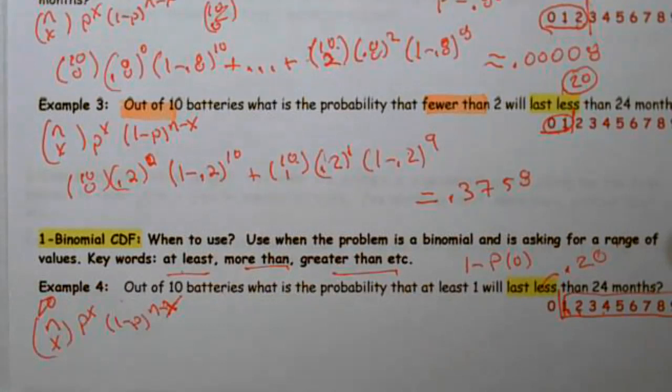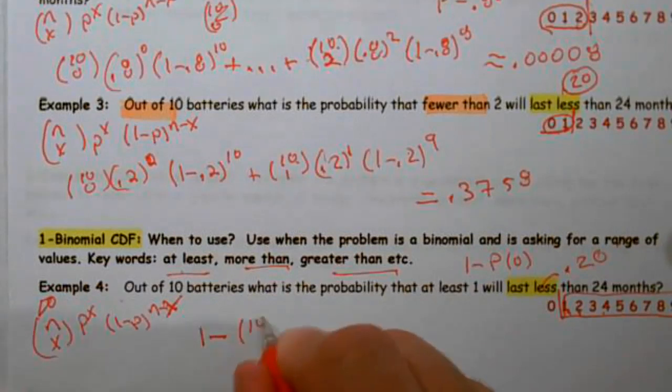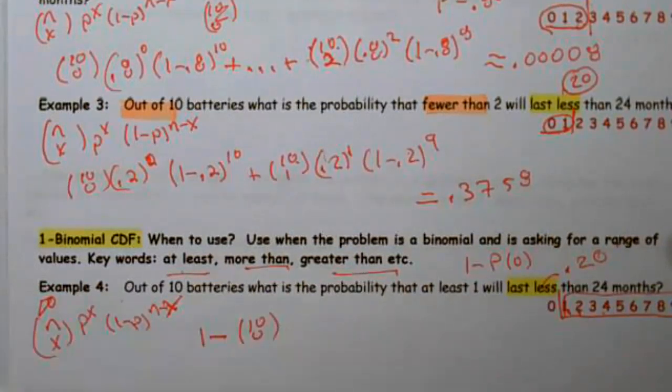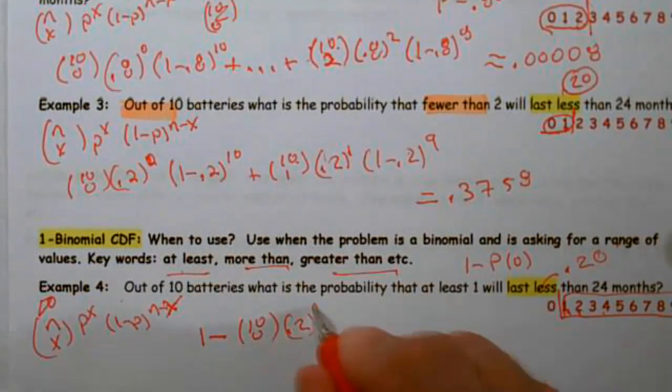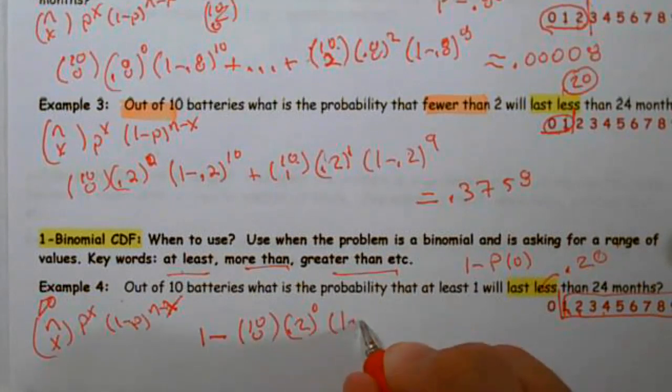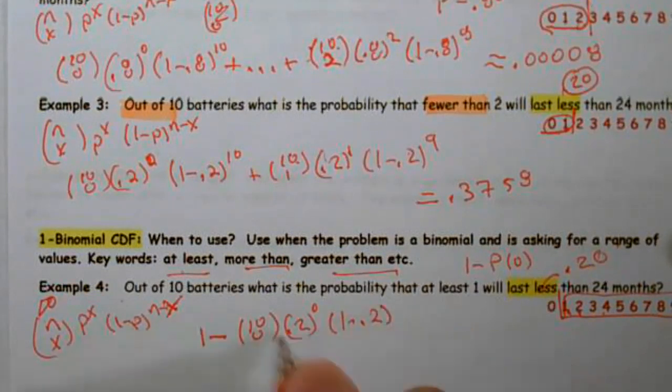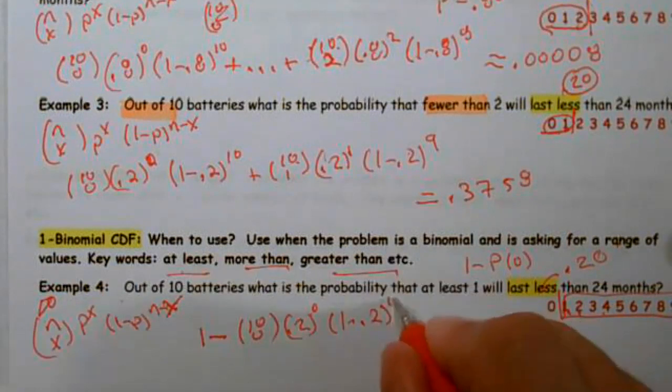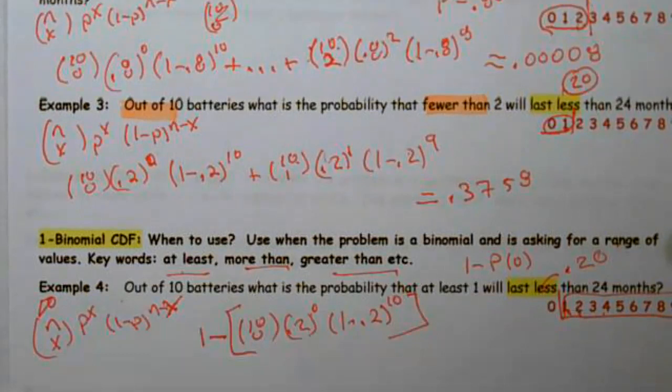All right, so in this case, our work's going to look like this: 1 minus 10 choose 0, because that's the highest value, working from left to right. 10 choose 0, probability of 0.2 because it was the less than, to the 0. 1 minus 0.2, 10 minus 0 is 10. I'm going to put those in brackets just out of good math notation. So that's my work shown.